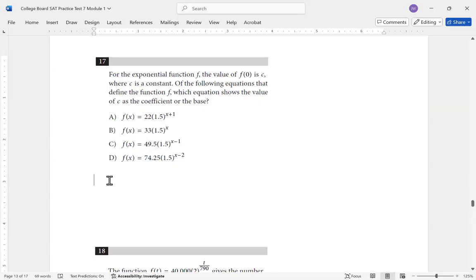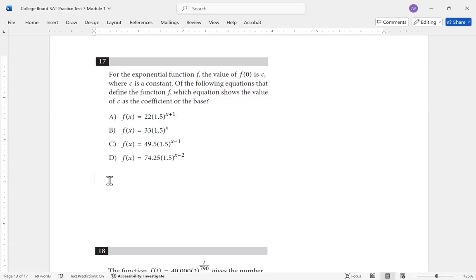Question 17. For the exponential function f, the value of f of 0 is c, where c is a constant. On the following equations that define the function f, which equation shows the value of c as the coefficient or the base? Now this one's weirdly and awkwardly phrased.